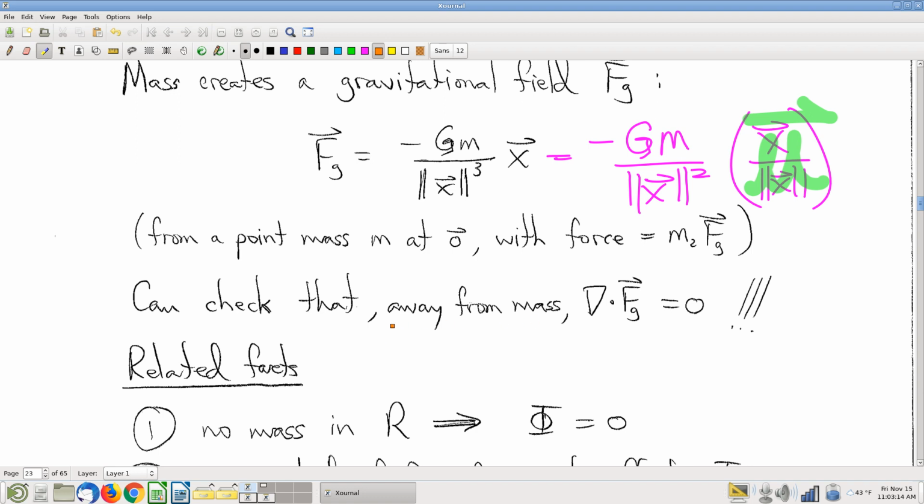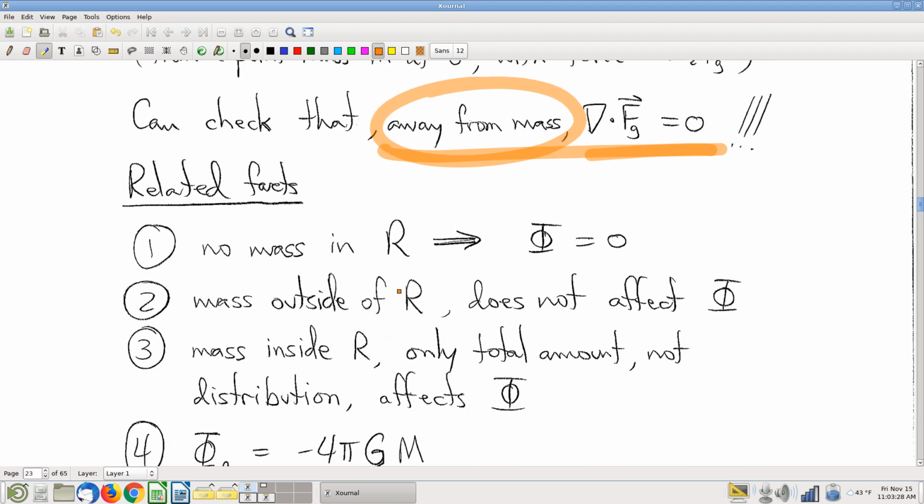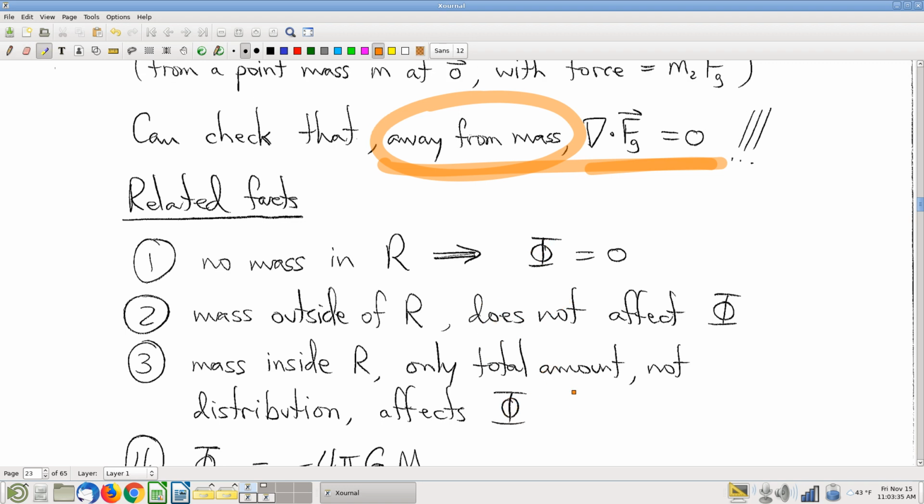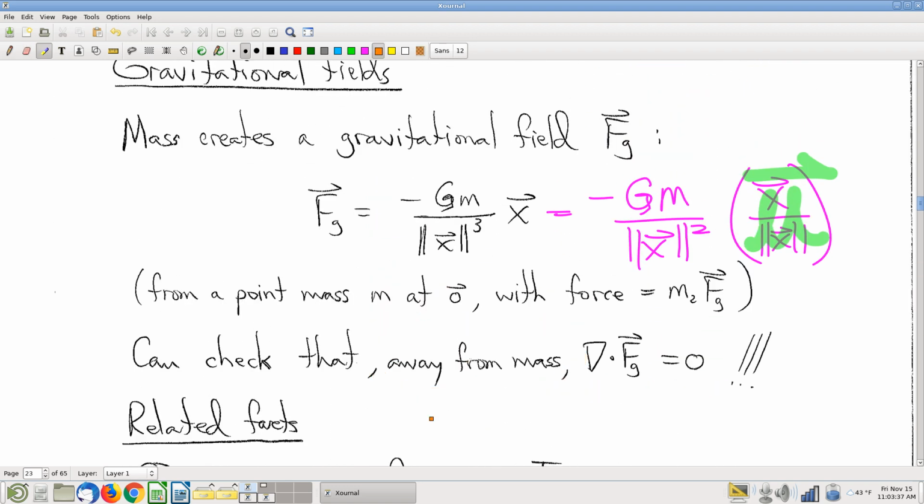So as a result of this conclusion, the fact that the divergence is equal to 0 away from where the mass is, and now let me asterisk that, allows you to draw powerful conclusions about divergence of gravitational fields. Now let me come back and talk about the asterisk. This vector field at the origin, where the mass is, is undefined, right?